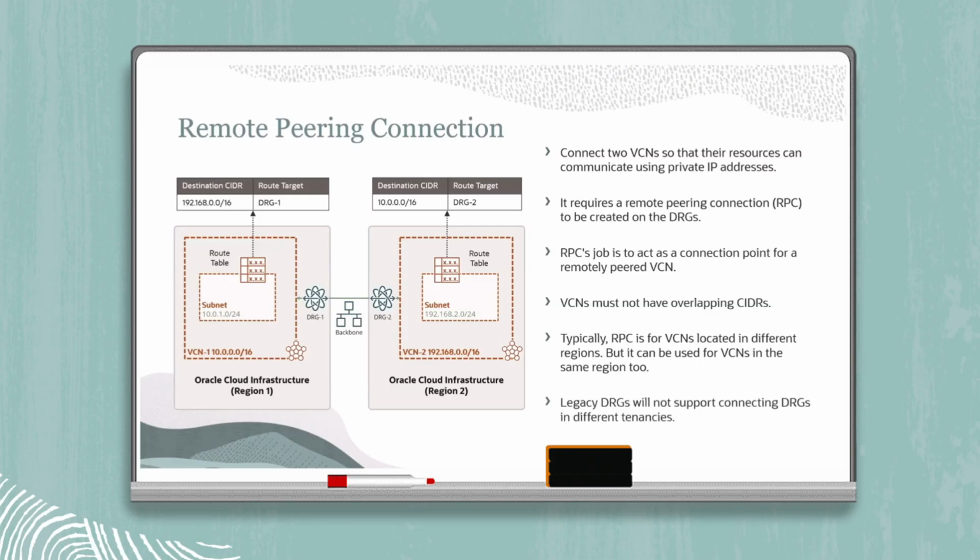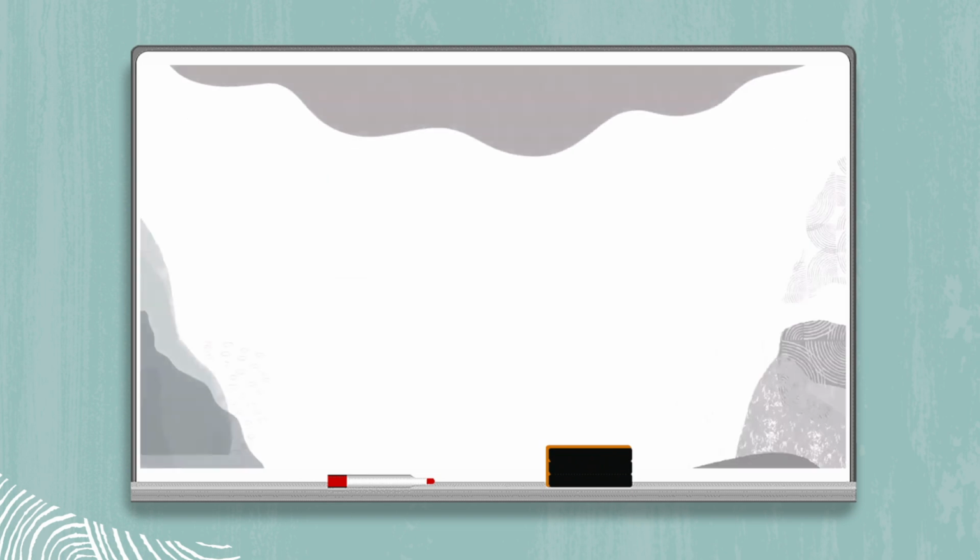If you use the legacy dynamic routing gateways, you will not be able to connect DRGs in different tenancies. So they will support the same tenancy. But in case of upgraded DRGs, they will support connecting DRGs in both same tenancies and different tenancies.